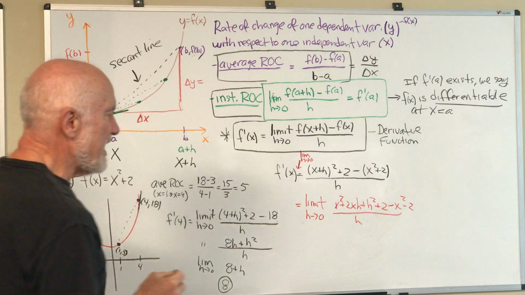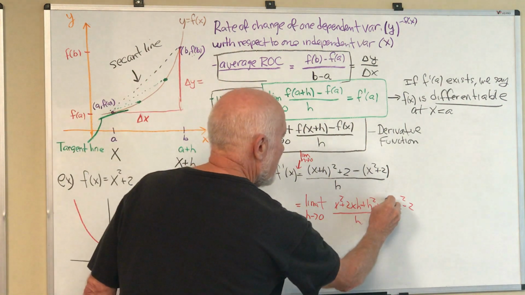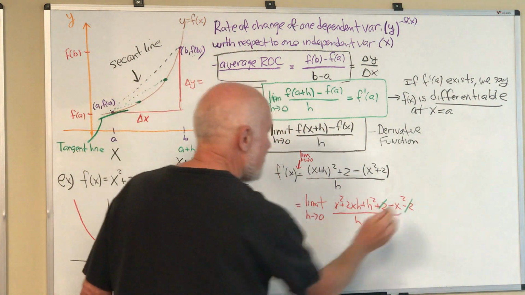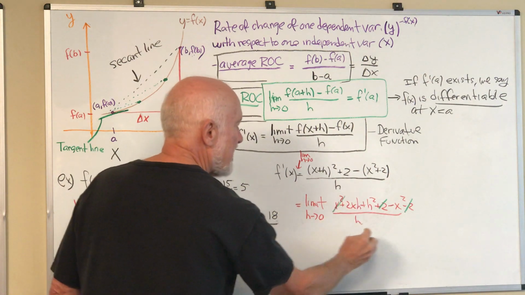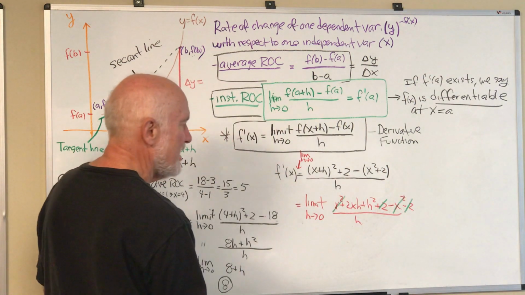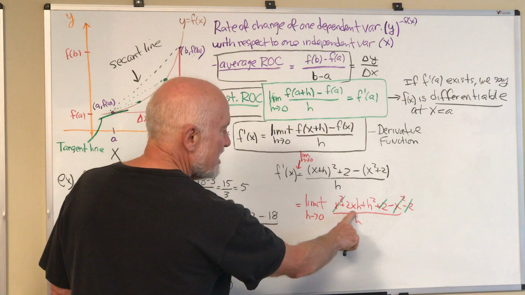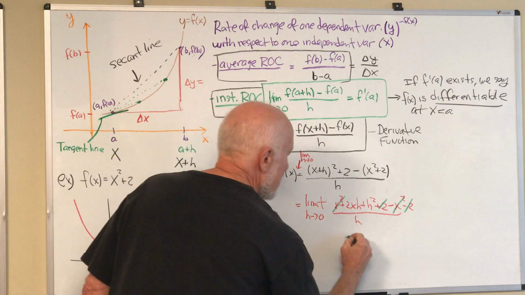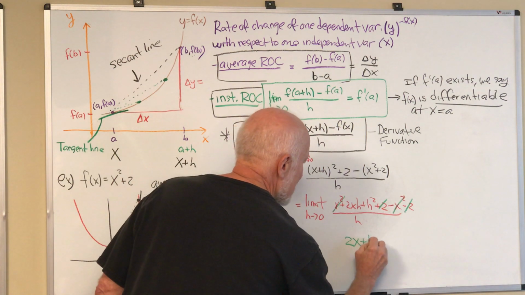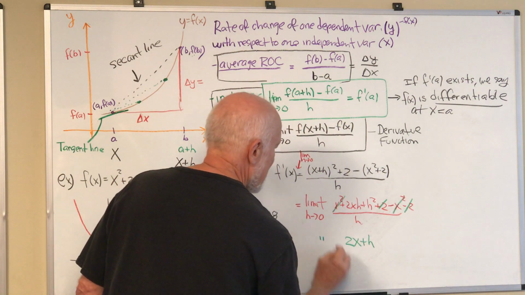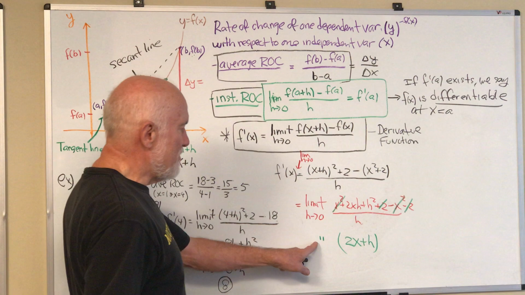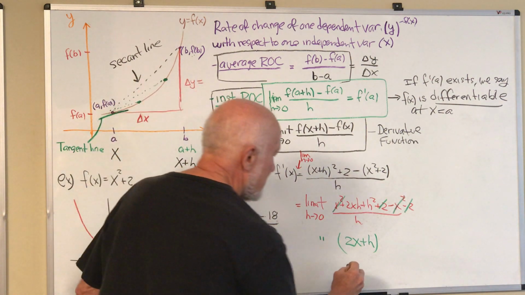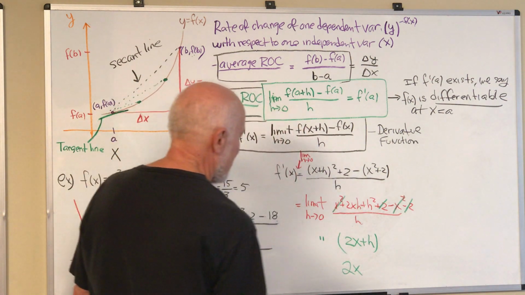And it's looking pretty complicated, except this 2 cancels with the minus 2, and this x squared cancels with the minus x squared, and now h divides into each one of these terms, and I'm left with 2x plus h. And if I take the limit as h approaches 0, I just get 2x.